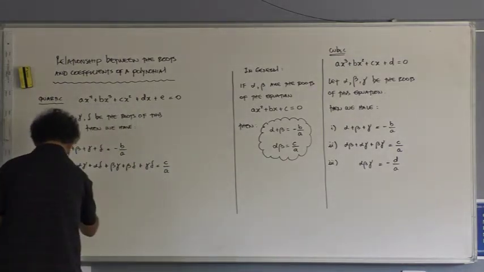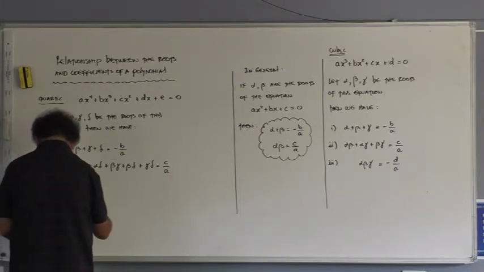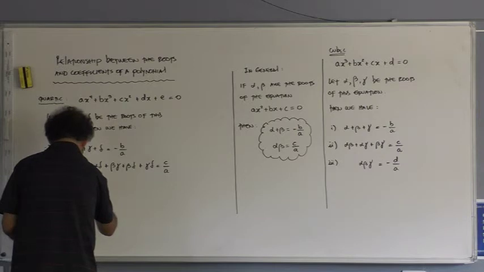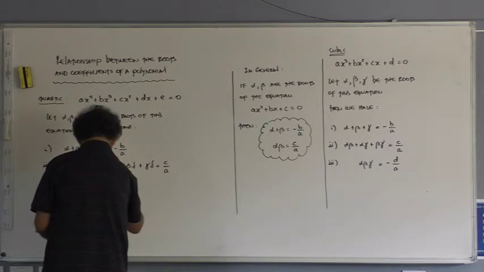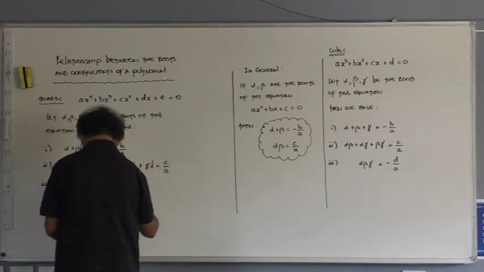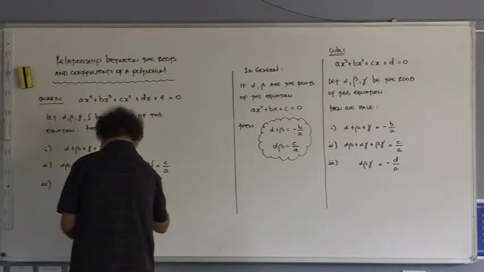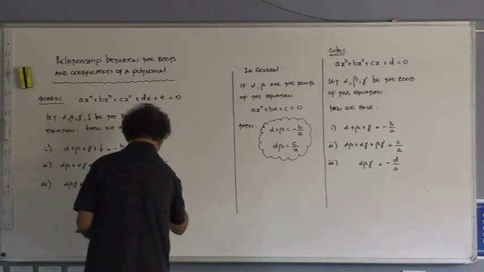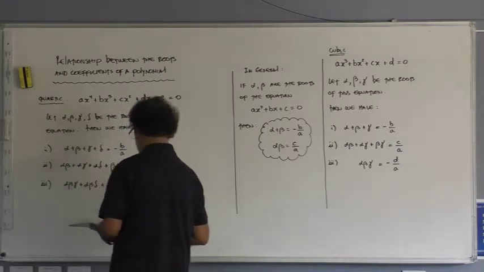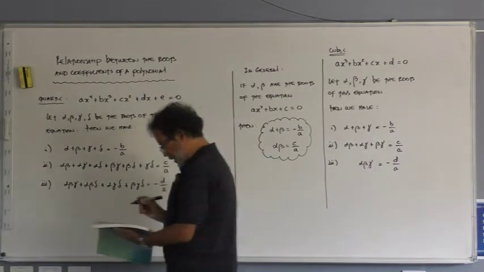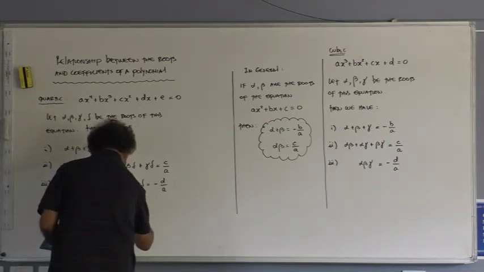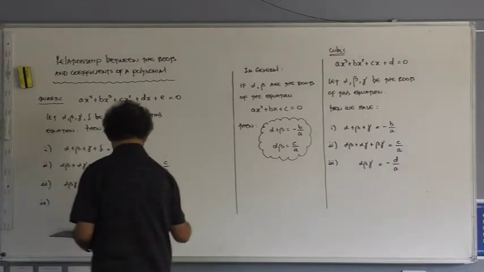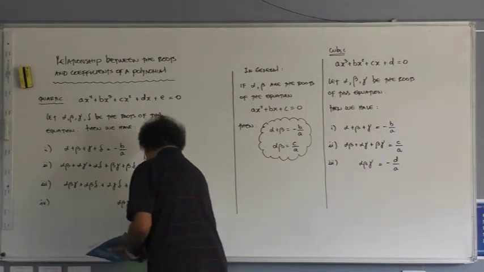So it's alpha beta gamma plus alpha beta delta plus alpha gamma delta plus beta gamma delta, and that is going to be minus d on A. And finally, alpha beta gamma delta is going to be equal to E on A.